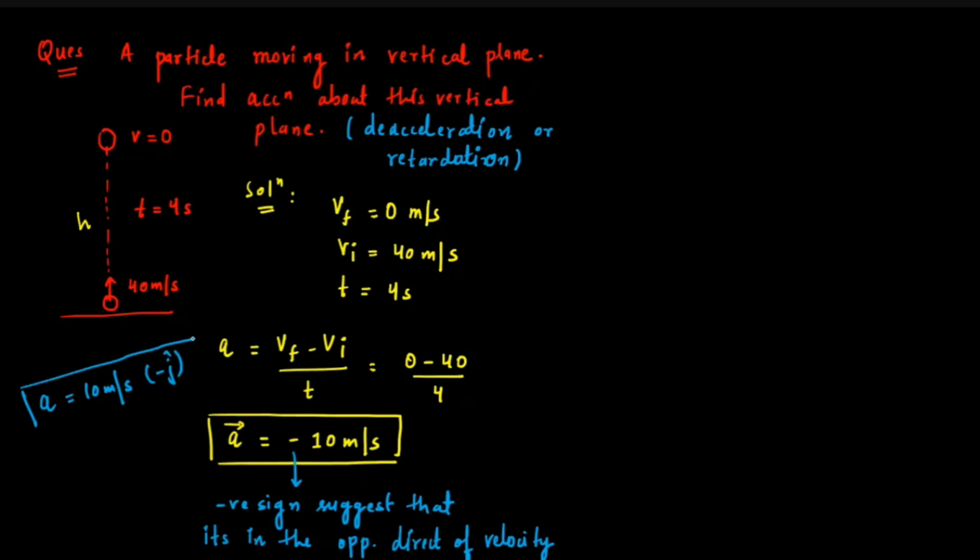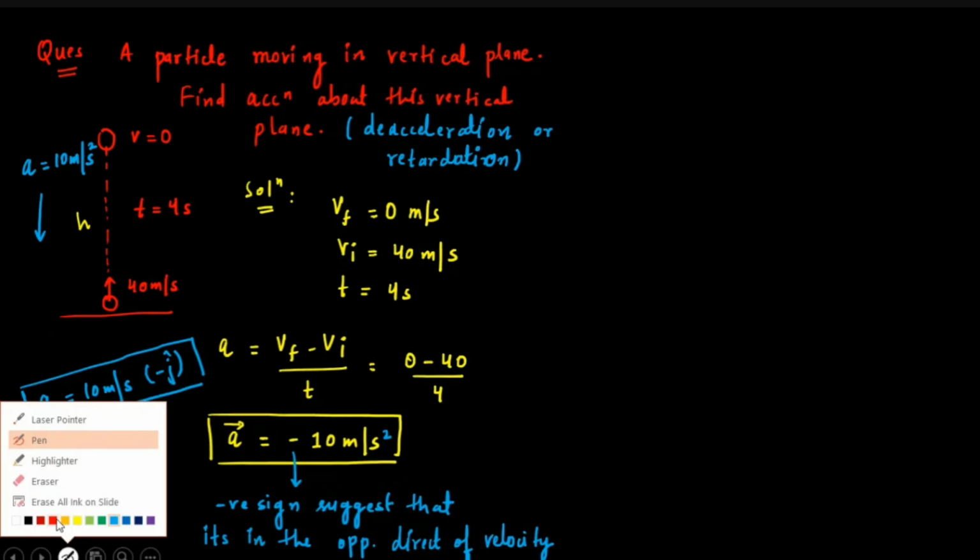Oh, so if it's negative, you add it to the j cap, not before the 10. Exactly. This negative sign is actually representing the direction. So we shift this negative sign to its direction, which is represented by j cap, because the particle is moving along the vertical plane. So it is along the y-axis, and we can directly say it is going to be negative j. So we would say that acceleration is downwards, that is 10 meters per second squared. This is how we are supposed to write it.